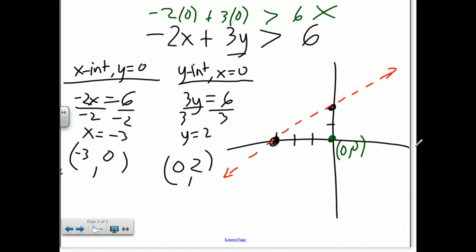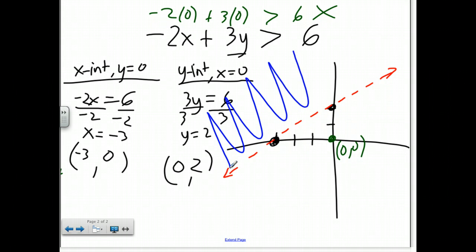That means which region must be true? The top. So if the top is true, how do we show that? Shade it in. So to complete it, we just have to shade it in. That means any point up here, when you plug it in, will be a true answer. That's all we're doing. Any questions so far?